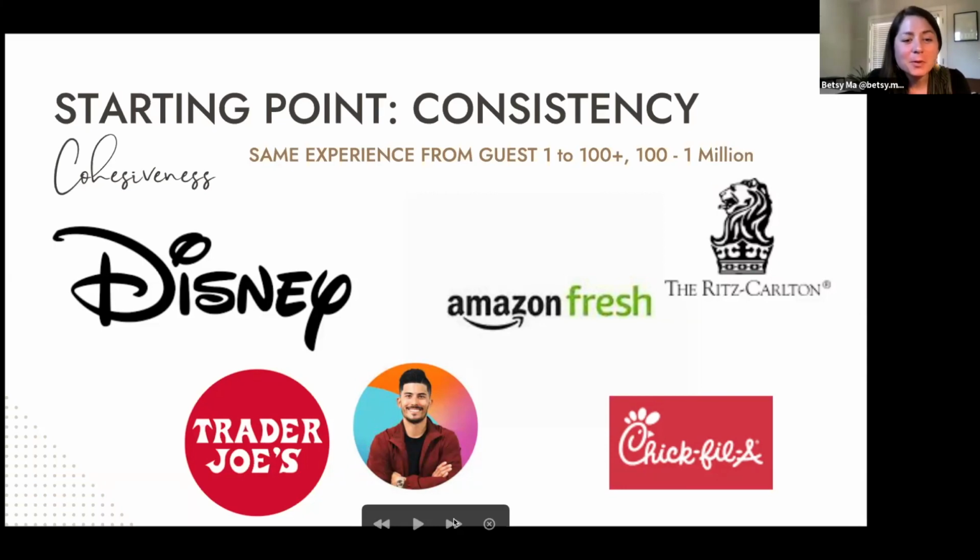Side note, if you go to Trader Joe's, you have a consistent experience there. You know that you're gonna find unique and sort of boutique products that are not mainstream, like their bagel spices or their frozen products, their reheatable meals.